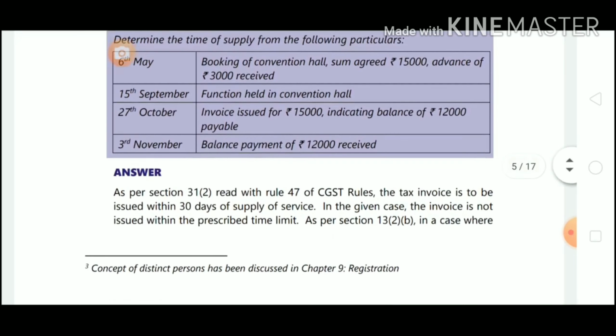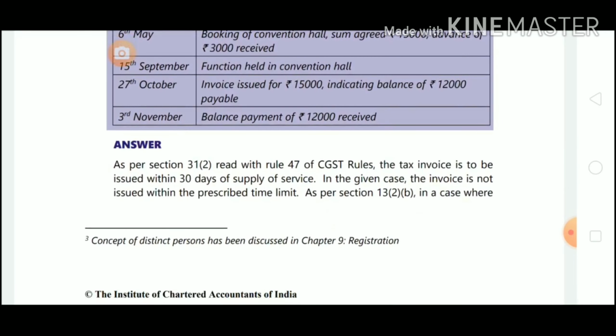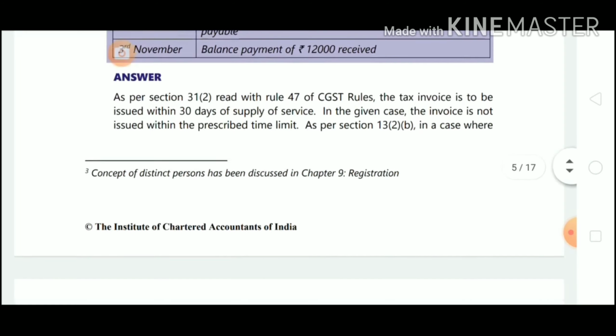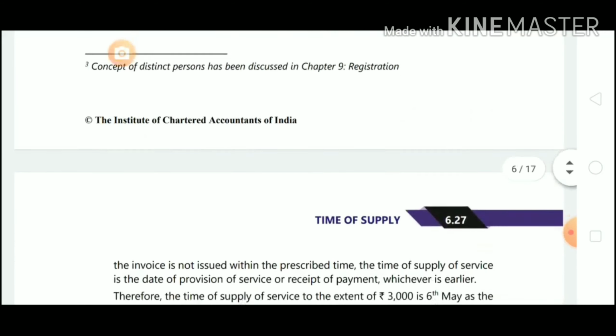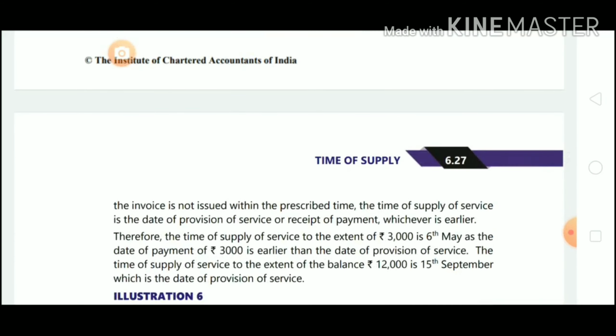Let's read the answer. As per section 31 subsection 2, read with rule 47 of CGST rules, the tax invoice is to be issued within 30 days of supply of service. In the given case, the invoice is not issued within the prescribed time limit. As per section 13 subsection 2 clause B, in a case where the invoice is not issued within the prescribed time, the time of supply of service is the date of provision of service or receipt of payment, whichever is earlier.